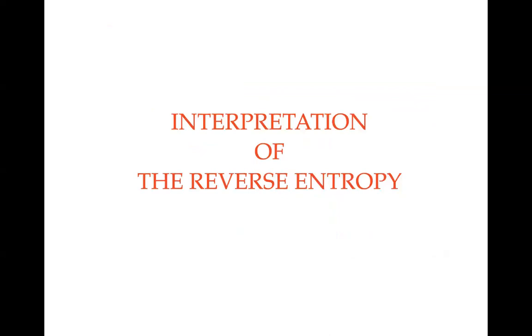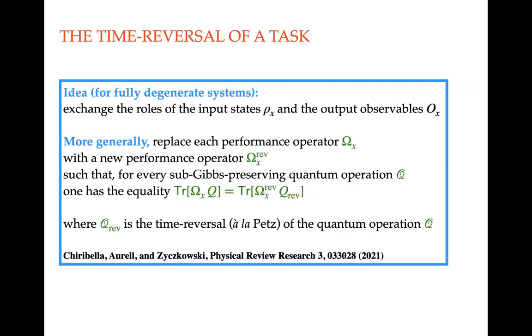So the first thing is to ask, how do we interpret this strange quantity, this reverse entropy that appears here? The idea is that we can introduce a sort of notion of time reversal of information processing tasks, and you'll see that this reverse entropy is related to this notion of time reversal.